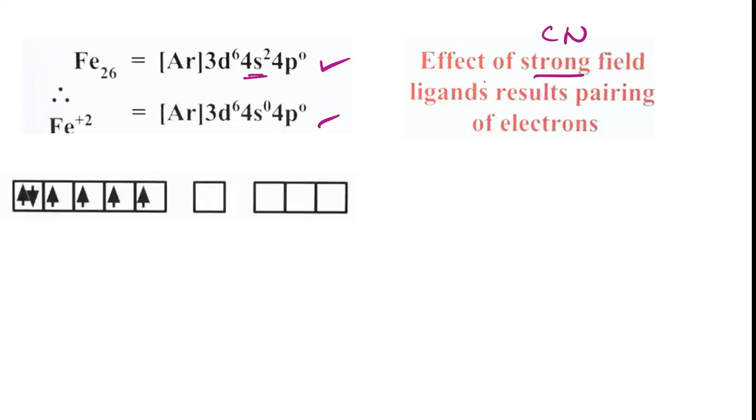So first, this is the 3d orbital, this is 4s and this is 4p orbital. In 3d, how many electrons are there? 6 electrons are there. First it should be filled like this: 1, 2, 3, 4, 5, and then the 6th electron will be filled here. So it looks like this, right?